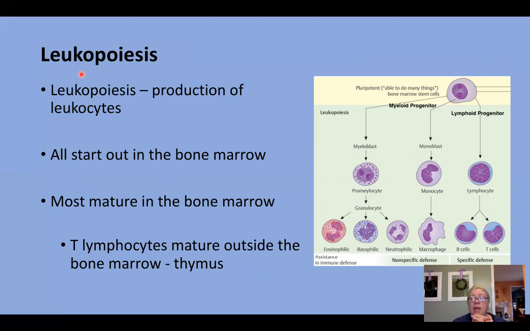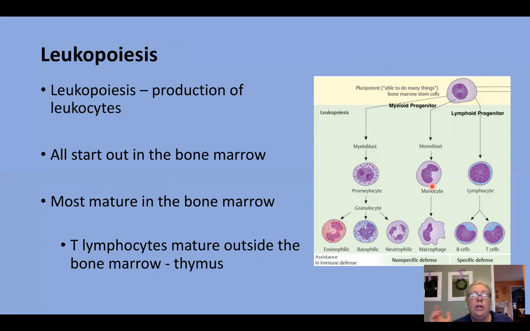The white blood cells that we have include the eosinophil, the basophil, neutrophil, listed here as a macrophage, but we have monocyte and then lymphocytes. So there's 5 different types of white blood cells. So it's going to be a little bit different because we have to talk about how each of the 5 different ones are going to be formed.